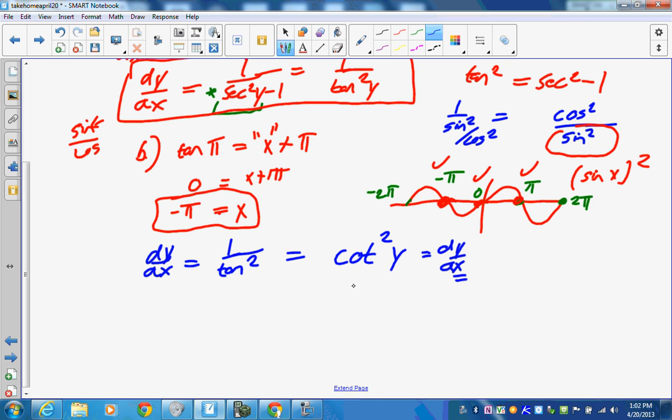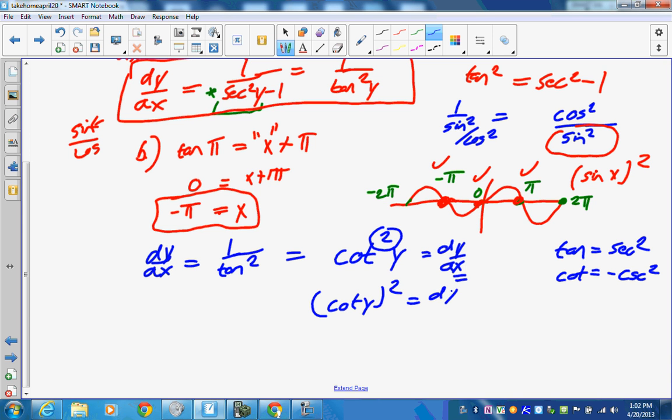As we take the second derivative with respect to x, we'll go ahead and do this one. Well, what's the derivative of tangent? Derivative of tangent is secant squared. Derivative of cotangent is negative cosecant squared. But we don't just have cotangent. We have this function squared, right? So it's sometimes helpful to rewrite it in terms of this. Now you can see that we have the chain rule.